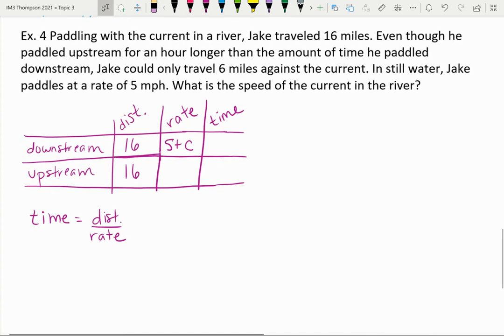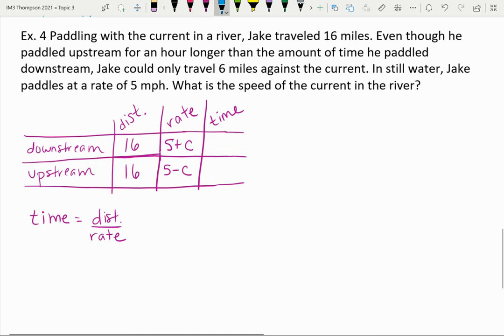Which means when he's paddling upstream, the opposite effect is happening. So in still water, he paddles 5 miles per hour. Now he's going upstream, so the current's working against him. So I'm going to subtract the speed of the current from the rate at which he's going upstream. All of that comes from my descriptions here.